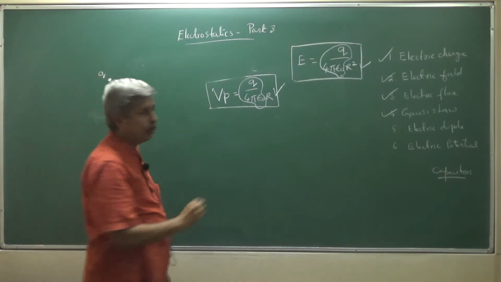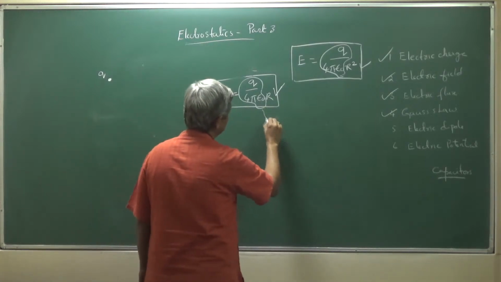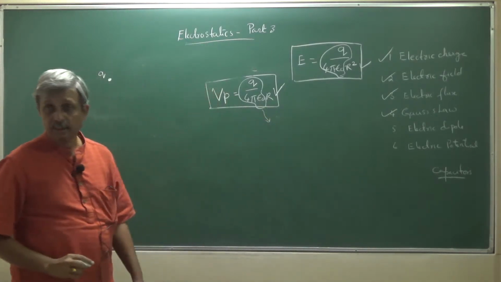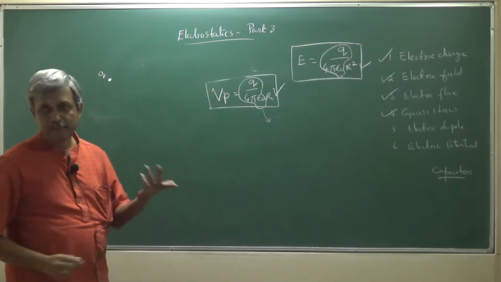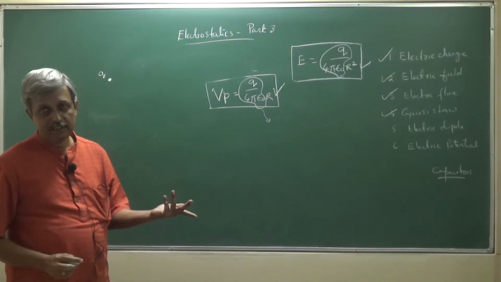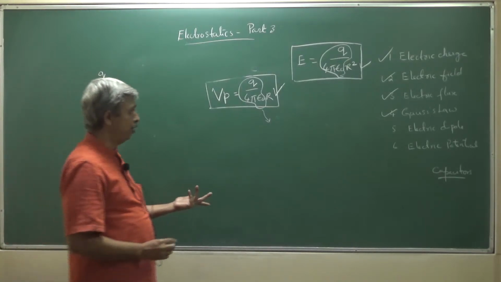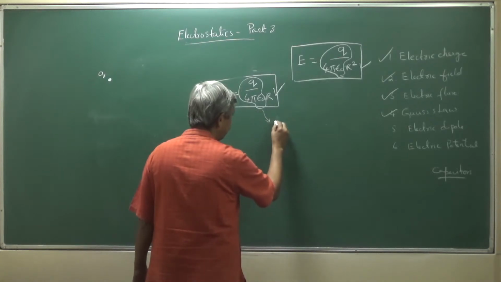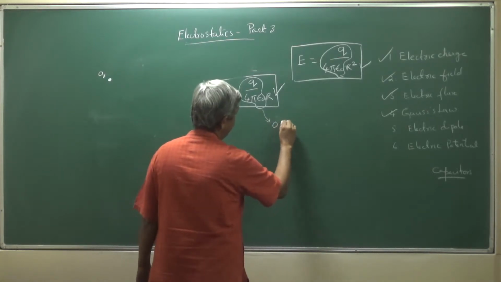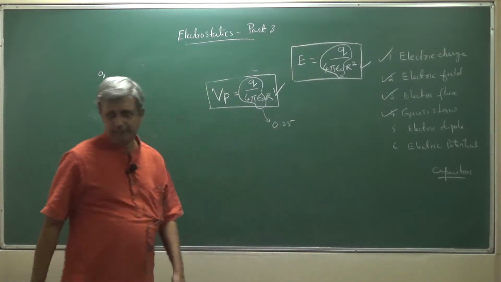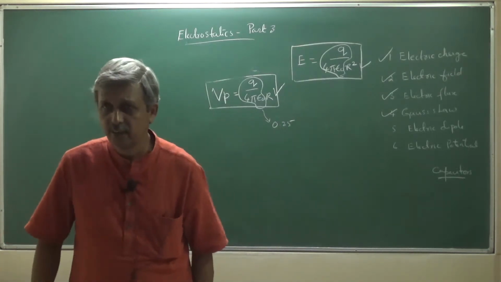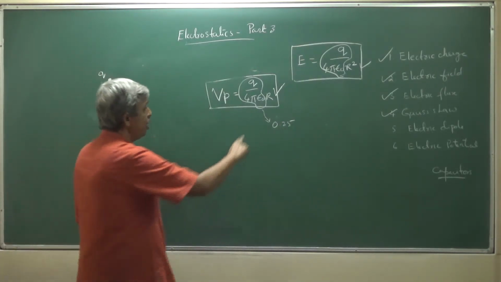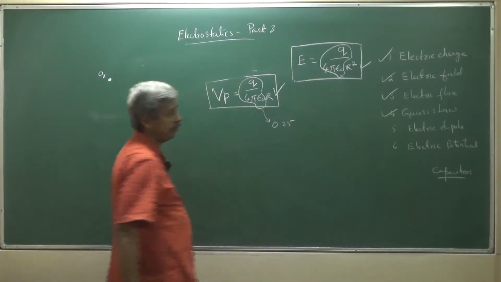So let's say q by 4 pi epsilon naught is equal to, I calculate everything and I will give it some constant value. Let's say 0.25, some value. I don't care. So divided by r.